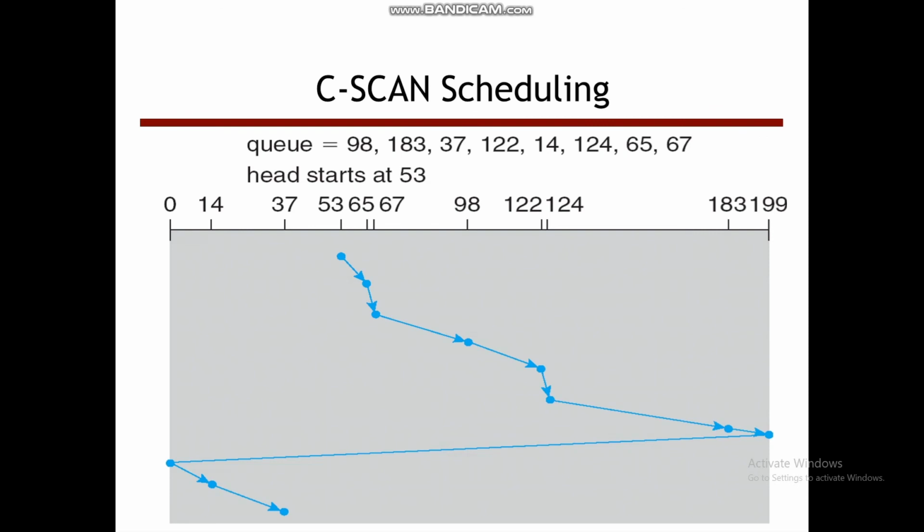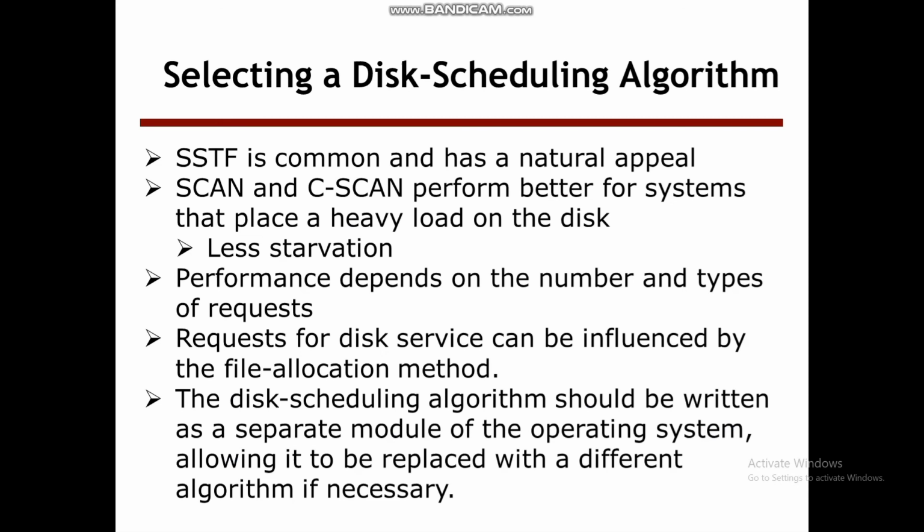We have seen four algorithms, and now we will see how we can choose a disk scheduling algorithm. From the list of four algorithms, SSTF is common. It is very simple and has a natural appeal. The most commonly used algorithms are scan and C-scan, and C-scan performs better for systems that place a heavy load on the disk.